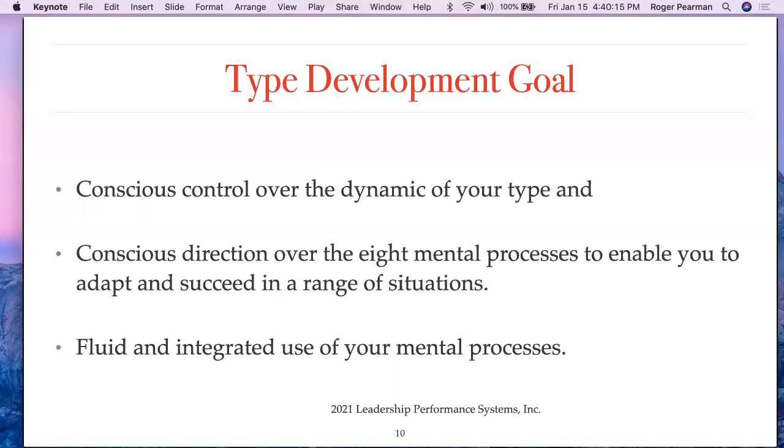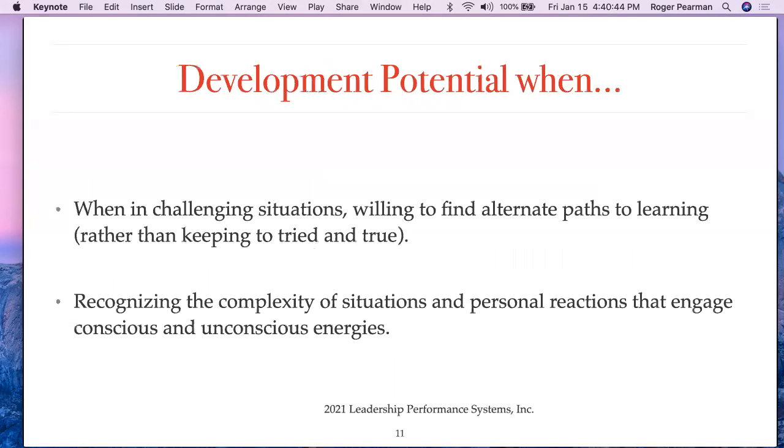Essentially, type is a framework that says we can get increasing conscious control over our various mental processes and the dynamics within those processes, and in so getting control over them, use them and deploy them in a range of situations which enable us to be more fluid in the use of the whole, if you will, engine that we carry around, in the nature of all of us having four avenues to perceiving and four avenues to making decisions.